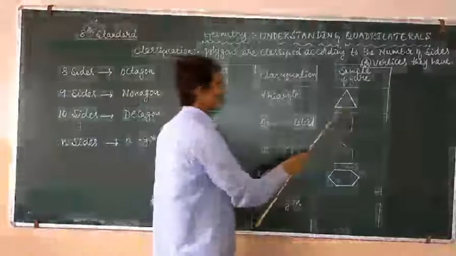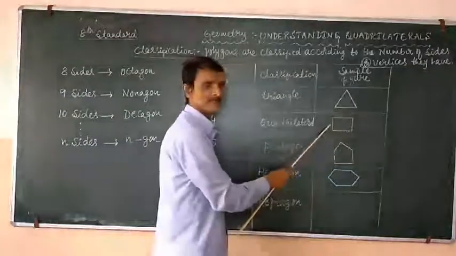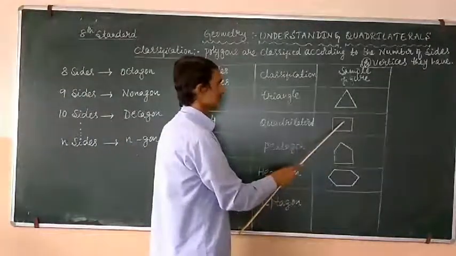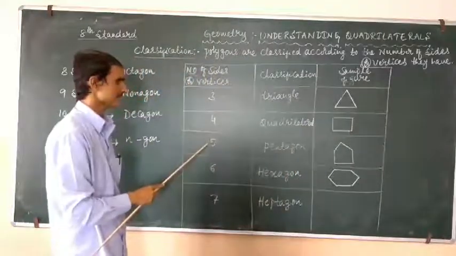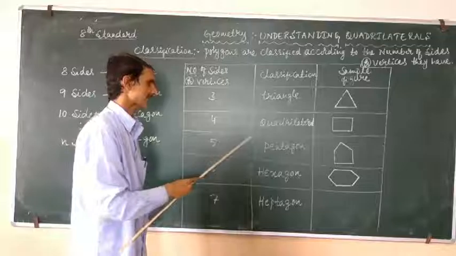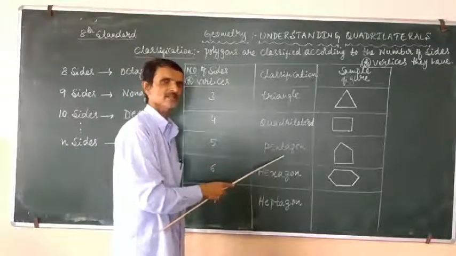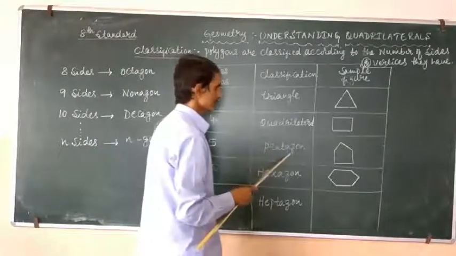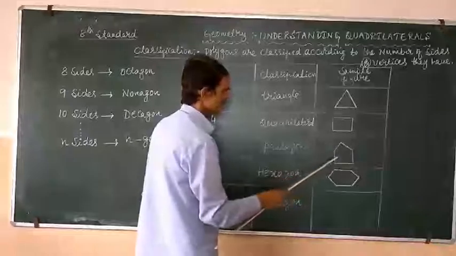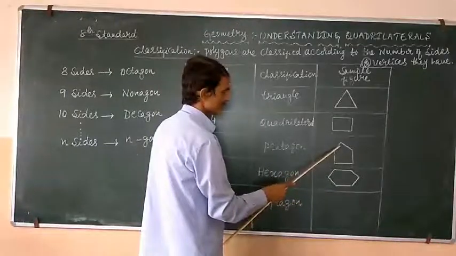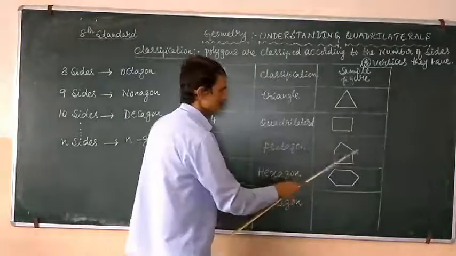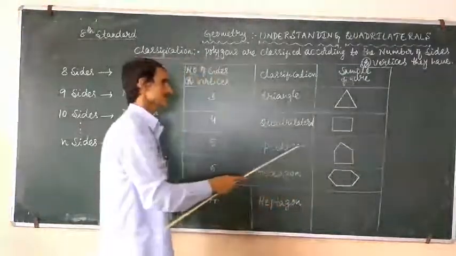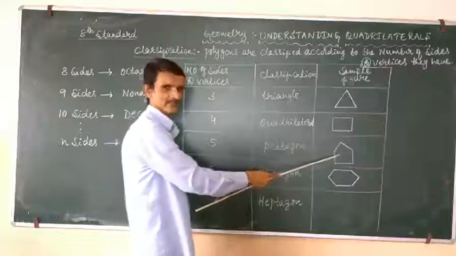This is a sample figure of a quadrilateral. If the polygon has 5 sides, it is named a pentagon. If you observe this figure, it has 1, 2, 3, 4, 5 sides. Therefore it is called a pentagon.